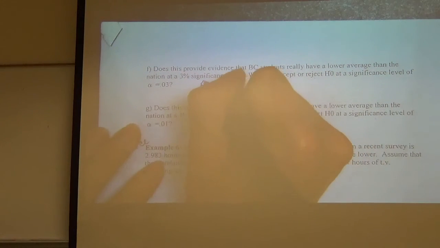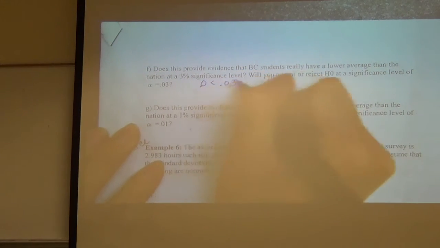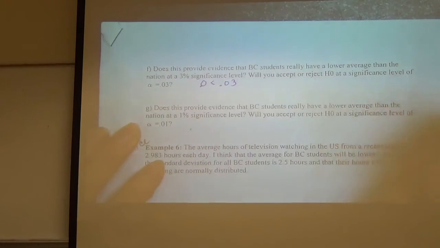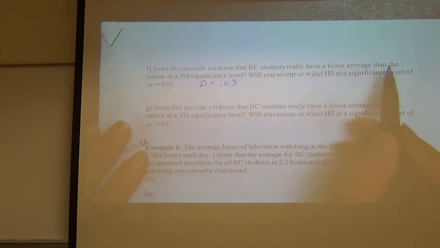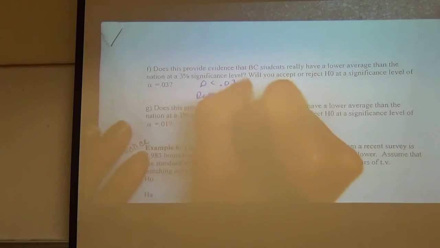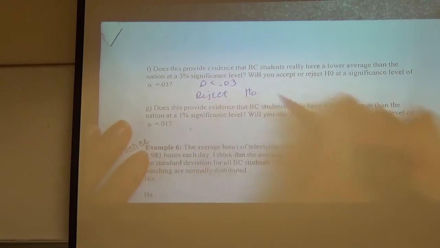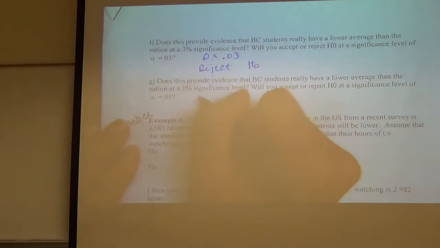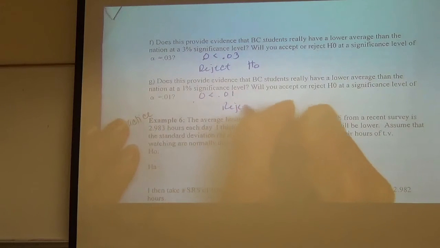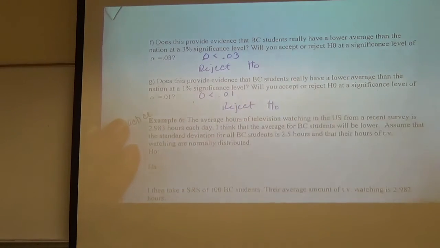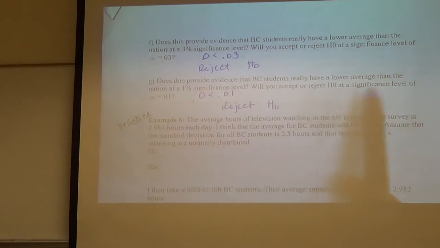Since 0 is less than 0.03, our 3% significance level, then yes, it provides evidence that BC students really have a lower average, and we would reject that null hypothesis. At a 1% level, same thing. 0 is definitely less than 0.01, so we're still going to reject H naught, and that does provide evidence that BC students really have a lower average than the nation at that level.